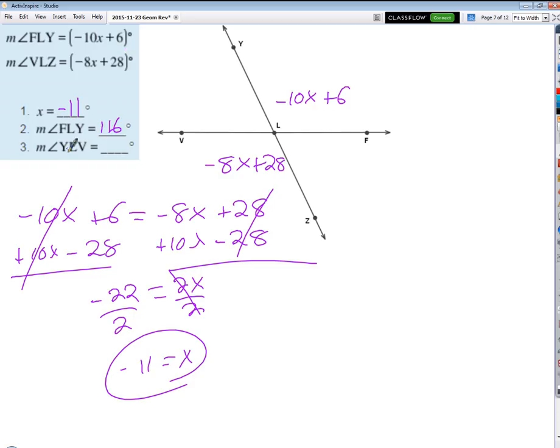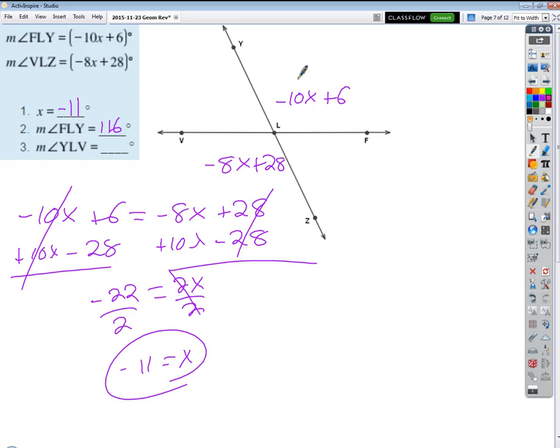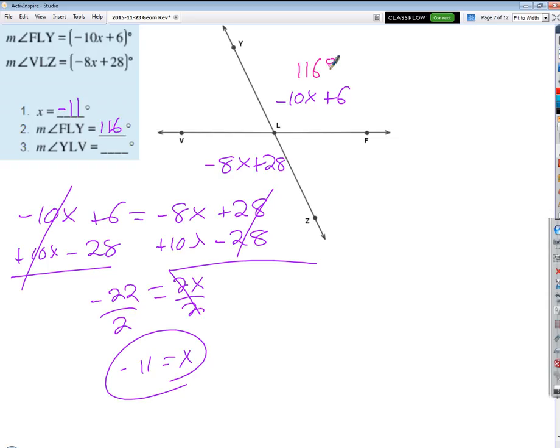Is angle YLV actually this angle? No, it's not. YLV is this angle up here, right? And so they're asking about a different angle. That's okay though. If we know the measure of this one, if this one has a measure of 116 degrees, how could we find the measure of this angle without even having to do any algebra?